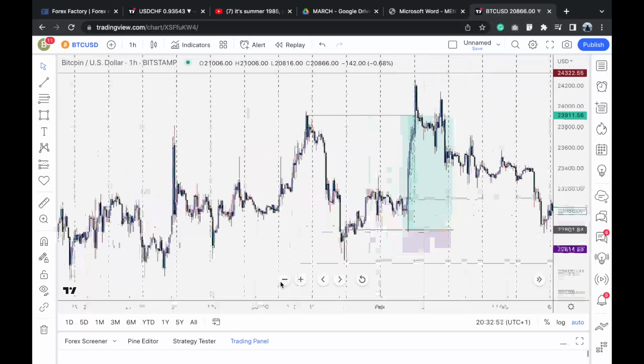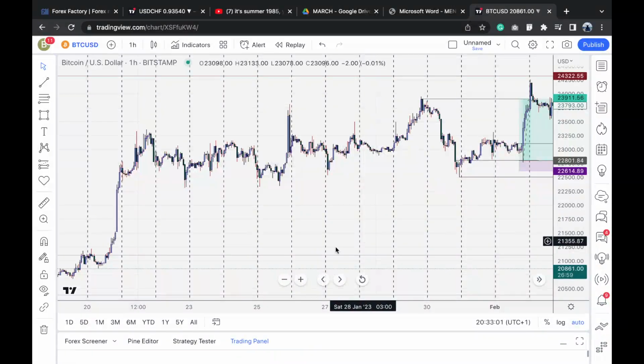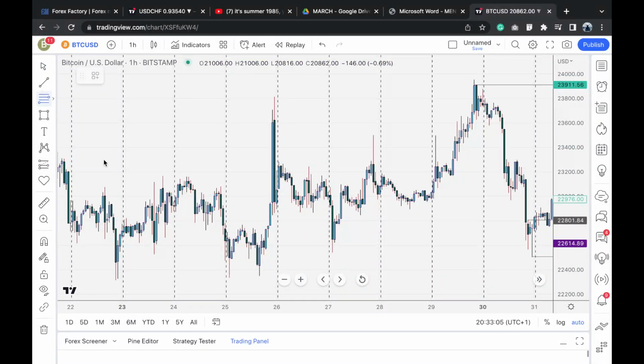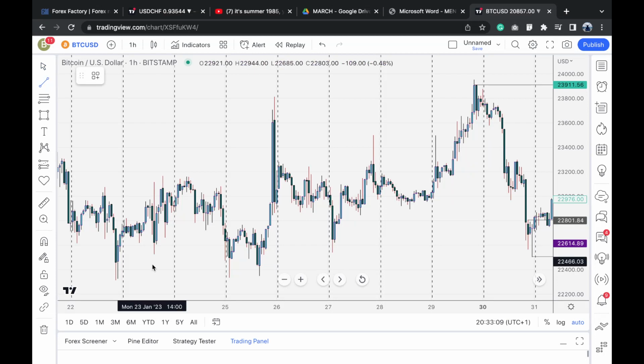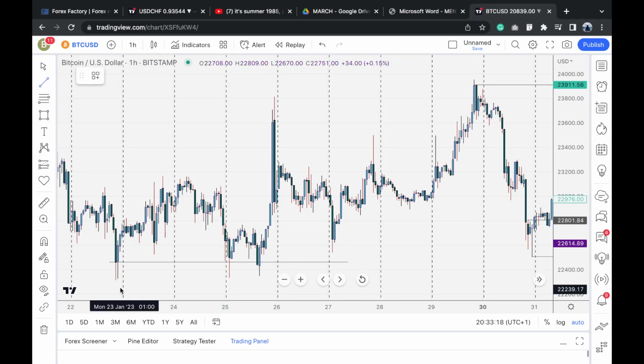But if we go and look at price action, I bet you're going to see that oftentimes. So look at this, for example. We have a rejection block down there, and then we have the old low there.